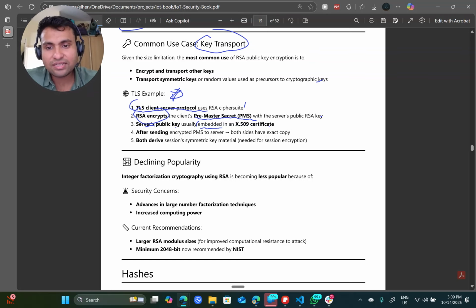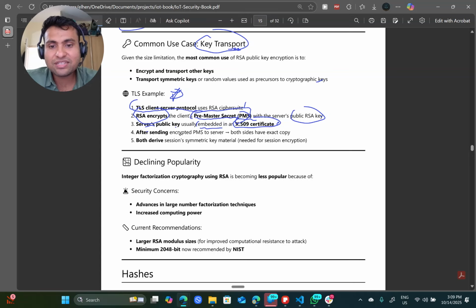That is how key transport takes place. We have a pre-master secret, usually called the PMS key, and we encrypt it with the public RSA key of the server, which we get from the X509 certificate the server has. It comes from a certification authority basically.